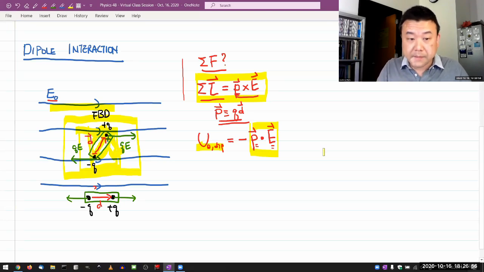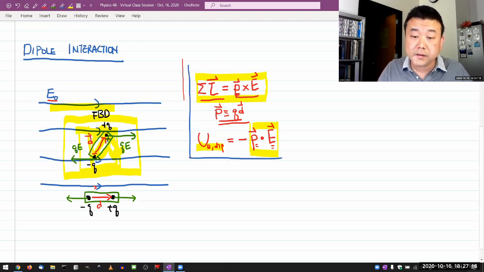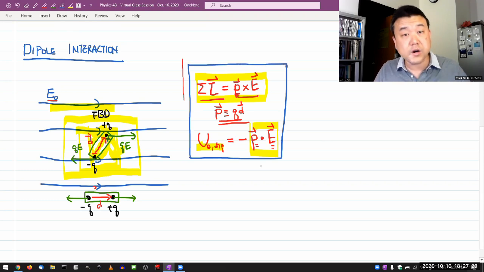So let me leave this for you to consider. I did need to introduce these for reference again when we get to magnetic dipoles, because these are some useful things to talk about when we have physical objects that can be described as magnetic dipoles.